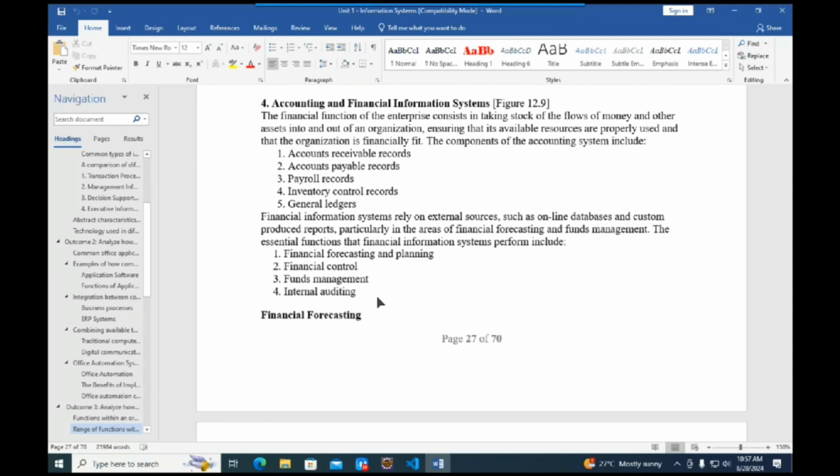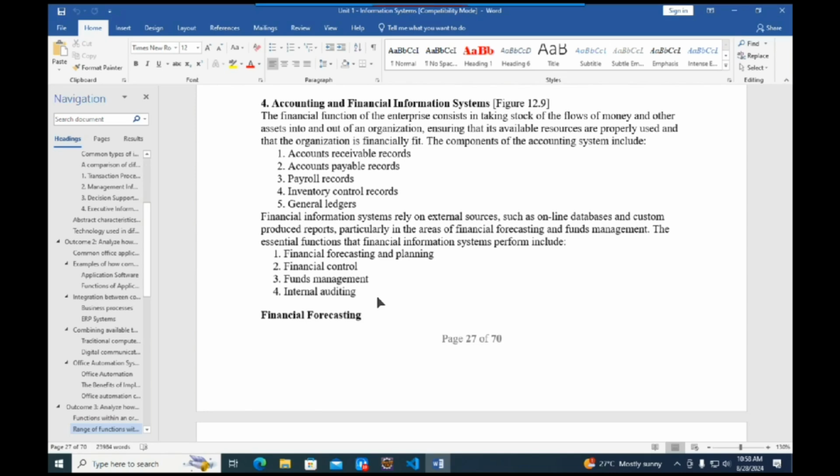Accounts receivable records are the accounts that bring money in. Accounts payable records are for the money out. It has payroll records, inventory control records to look at which product or resource, which quality, which quantity was used. Then we have the general ledgers.